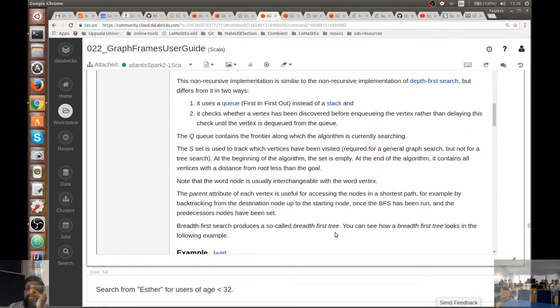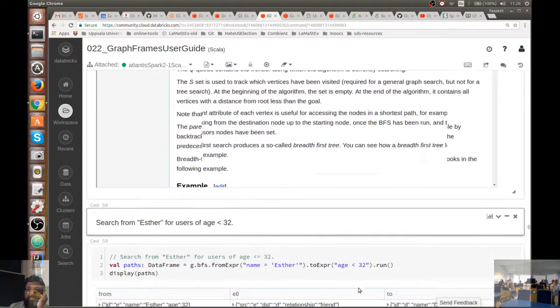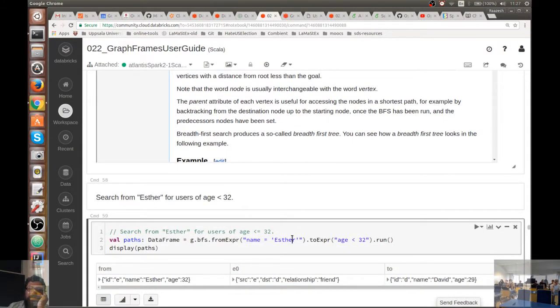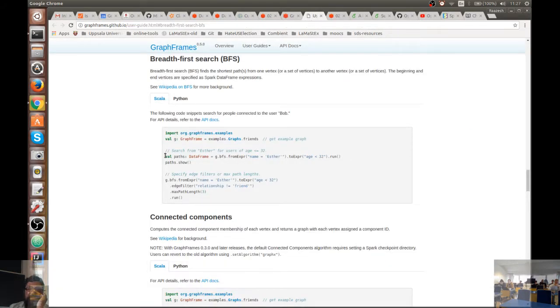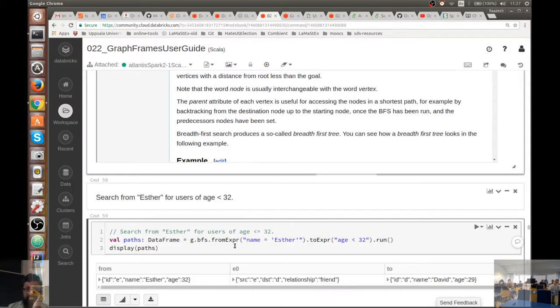Okay. So let's just look at a concrete example here. So BFS is the method on the graph, the GraphFrame G. So now I have these two things called from expression and to expression. These are just SQL expressions, right? So the breadth first search finds the shortest paths from one vertex or set of vertices to another vertex or set of vertices. And the beginning vertex set and the end vertex set are specified by DataFrame expressions directly. So that's exactly all this is.